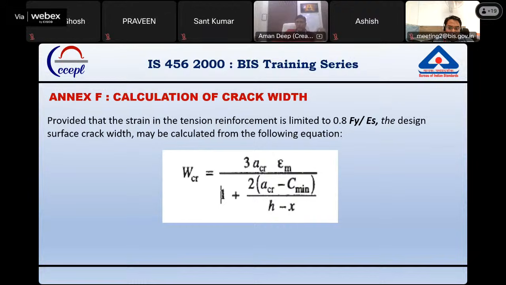And for surfaces continuously in touch with water, say water tanks, sewage treatment plants, or other places where concrete is in touch with water or a very aggressive environment, we should not have crack width more than 0.1 millimeter. So based on the details of Annexure F, we can calculate the crack width and satisfy the limit state criteria.